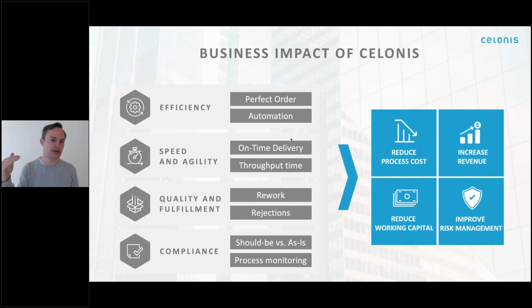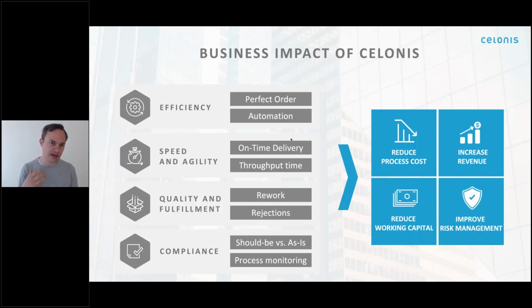And that has impact across all of the important metrics that we have as a business, from an efficiency perspective, from a speed perspective, from a quality and compliance perspective. We can look at the key KPIs that matter in our business, and we can make measurable improvements in those.